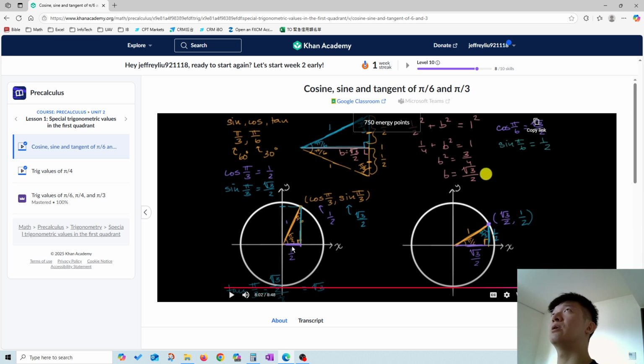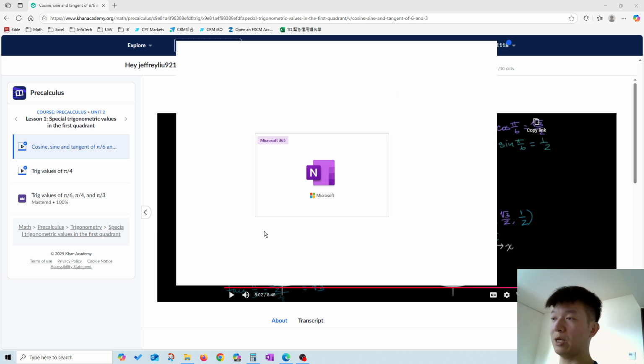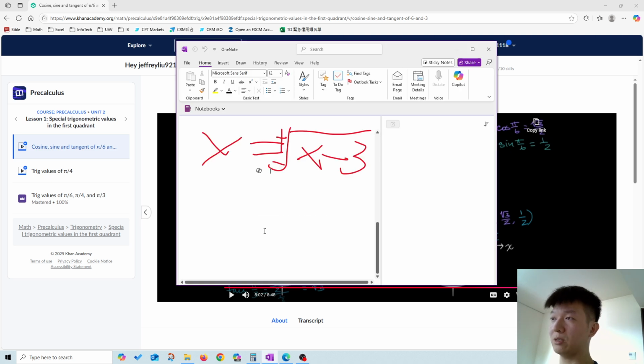So in trigonometry, you have to remember, even before in algebra 2, your special angles. You're going to remember your special angles, right? So pi over 3, which is 60 degrees, and everything that has to do with 60 degrees, you're going to have 30 degrees and 90 degrees.